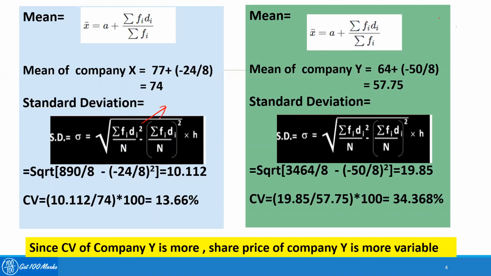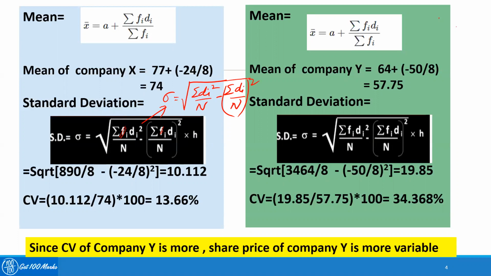To remind you, here it's a single set of observations, so there will be no Fi, so the formula is sigma equals square root of summation di square by n minus summation di by n whole square, with h equal to 1 here.